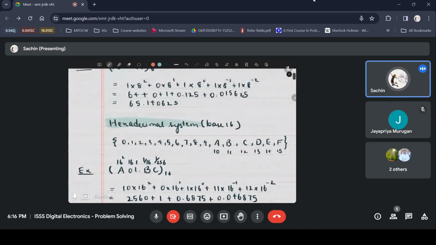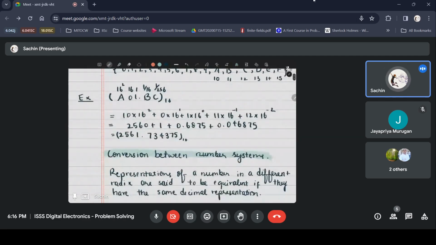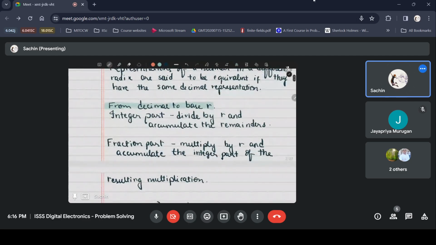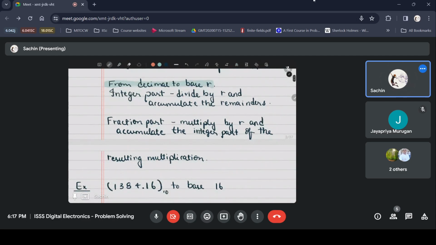So the radix in hexadecimal is 16, octal it's 8, decimal 10, and binary 2. You divide the number which is in decimal by r, take note of the remainder, then whatever is left you divide that again by r, write down the remainder, and keep continuing until you are left with a 0.